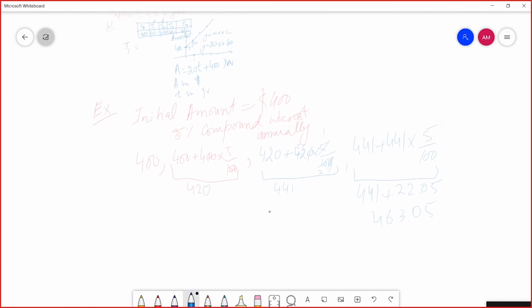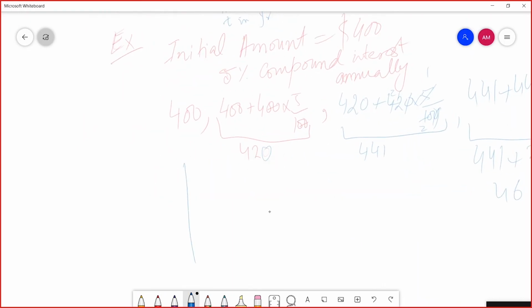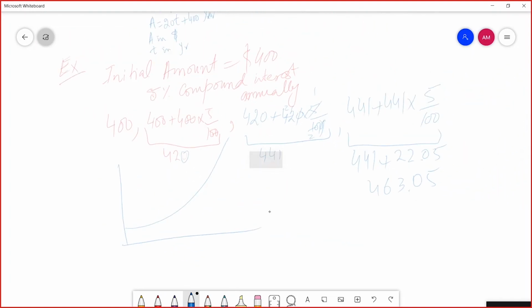So you see, if you compare this with the previous one, it's going like this. So an arithmetic sequence is actually like an exponential function. Do you understand this? Or should I explain it again? Yep, I understand. Okay. So normally compound interest is like an exponential function.